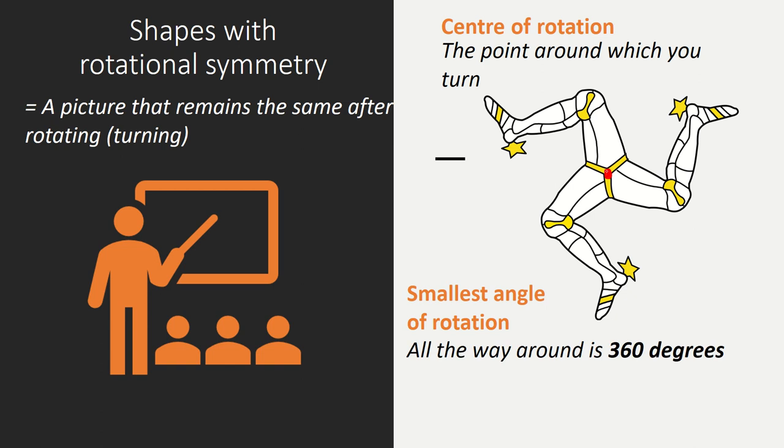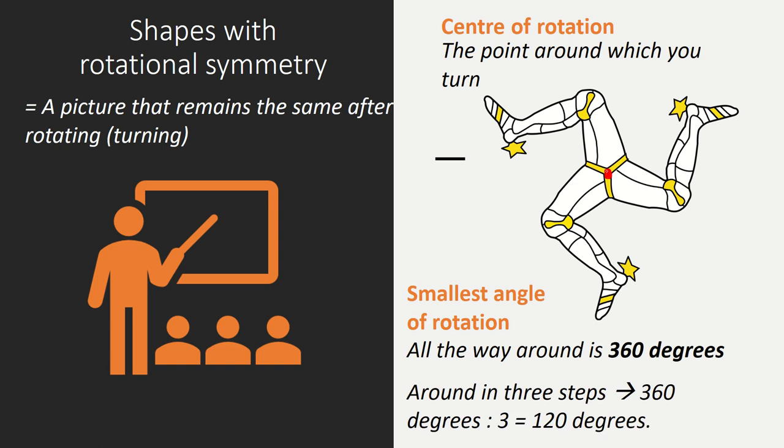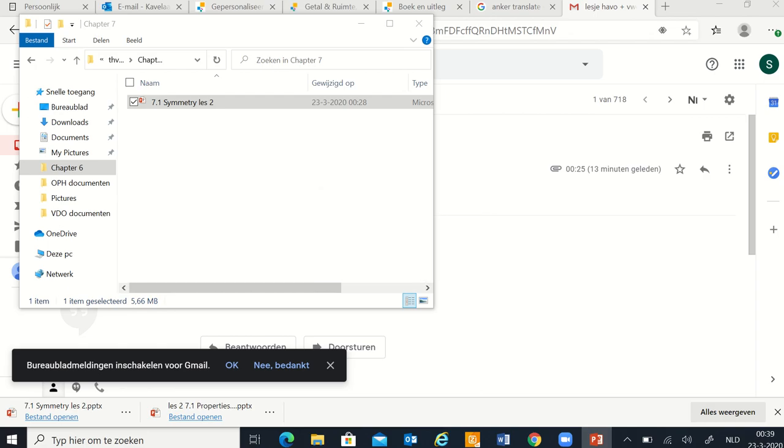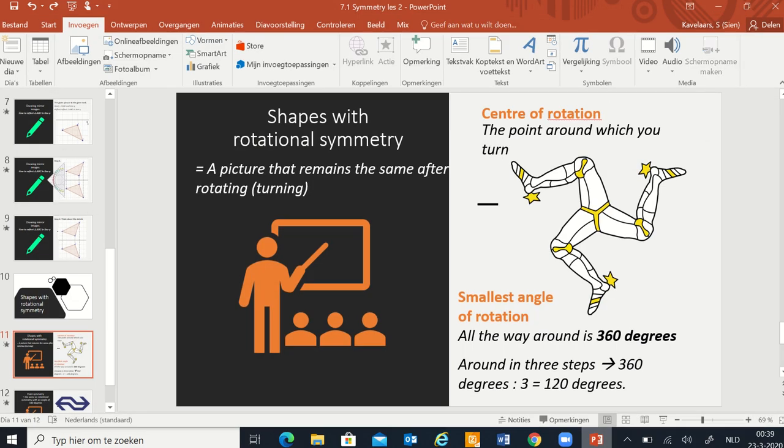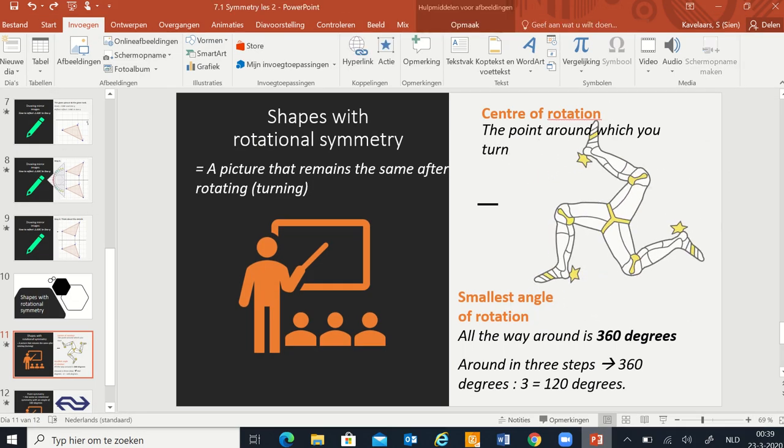So all the way around is 360 degrees. But in this case, I can only rotate it 3 times. So if it goes around in 3 steps, I need to divide 360 by 3 and I will get 120 degrees. So in this case, the smallest angle of rotation equals 120 degrees. And I will show you. So if you have a look at that one, I'm going to turn it.